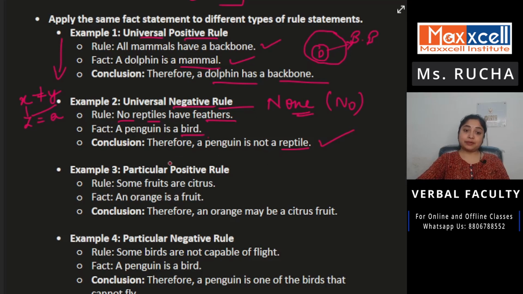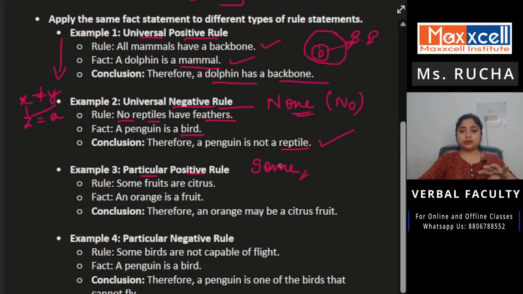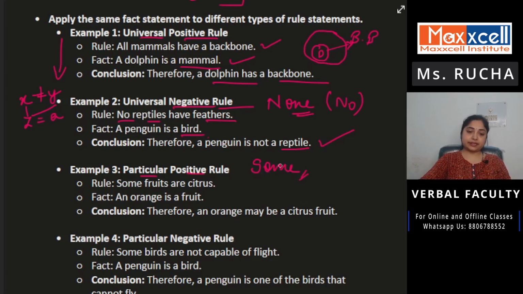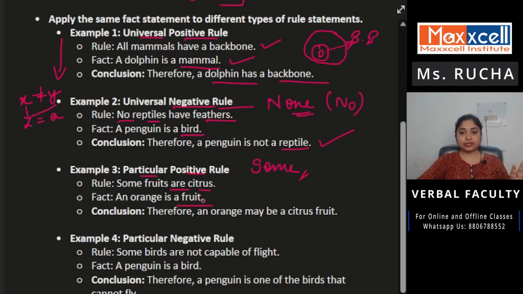Now let us take the particular positive rule. When we say particular positive rule, the thing that should hit your mind is the word some. Here we are going to include a few and the others will be out of this set, right? So let's read this rule. Some fruits are citrus. We are saying there are a few fruits that are citrus. An orange is a fruit. We are saying orange is a fruit and some of them are citrus.